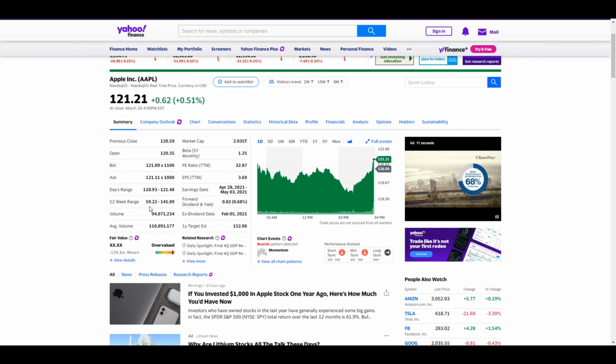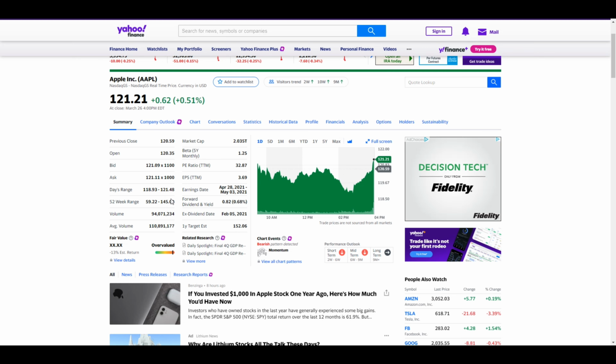So you can see that in the last year, the stock has traded as low as $59.22 and as high as $145.09. And currently, it's about $121, which is about 10 or 15% below its 52-week high.